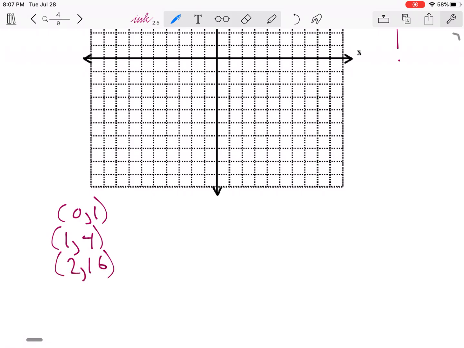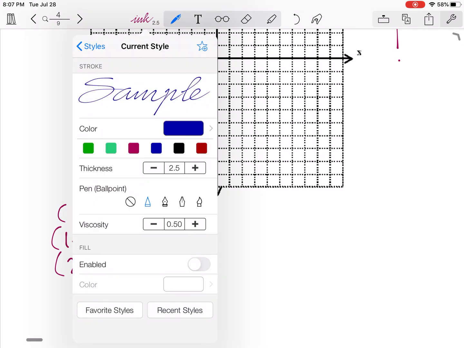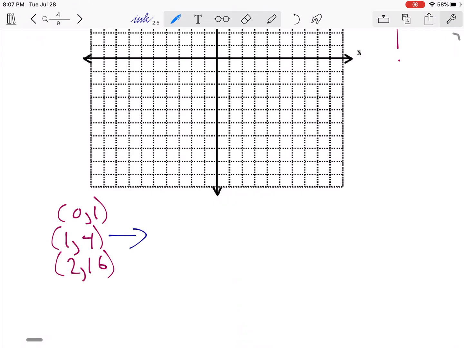Remember before, we always take care of our reflection and stretches first, and then we take care of the translation. So the first thing we can do is, if we look at x, we're multiplying by -2, so what we'll do here is we'll multiply x by -1/2.